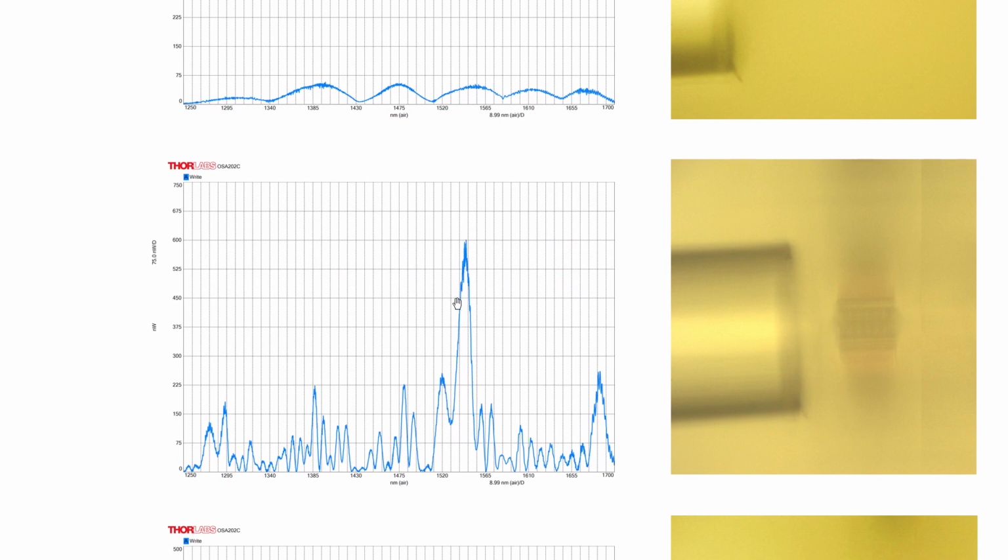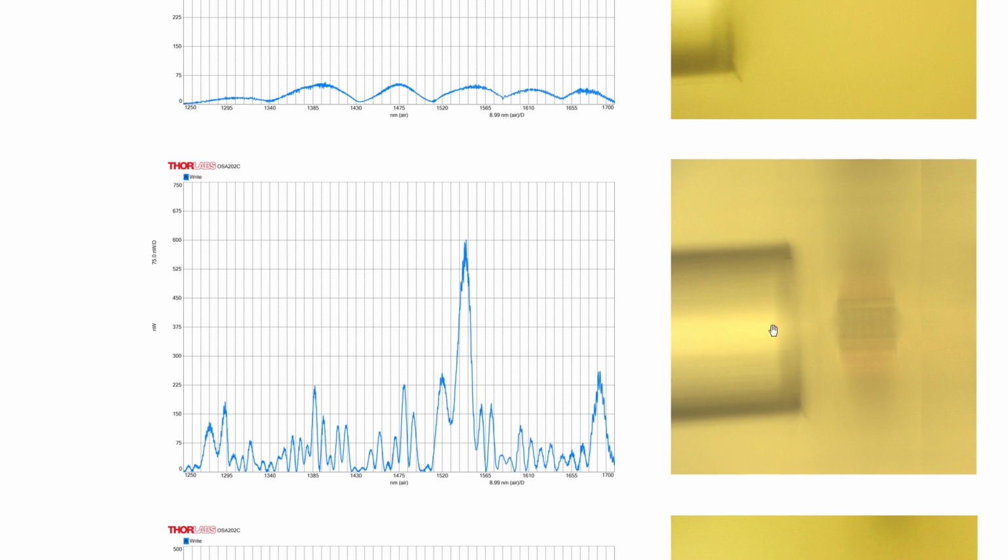That's why we see these interference fringes, because we have two reflections and sometimes they constructively interfere with each other, sometimes destructively. However, the reflection coming back from the Bragg grating is much stronger, so even when we have destructive interference, the reflection doesn't go to zero.